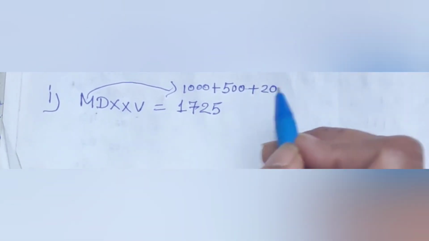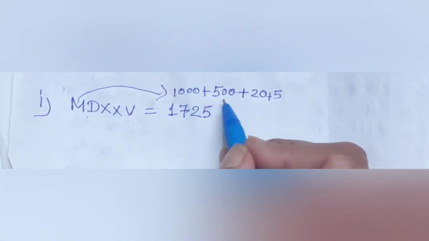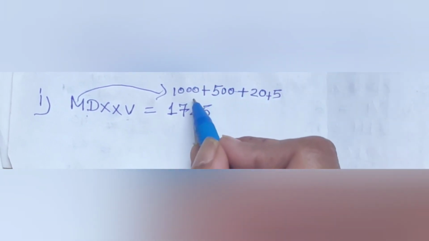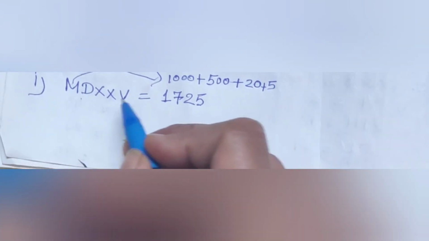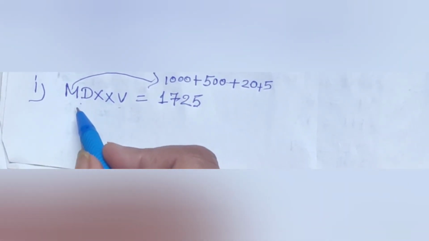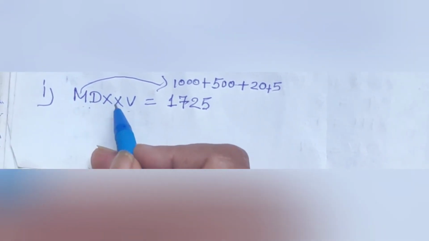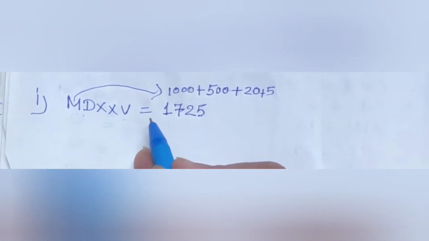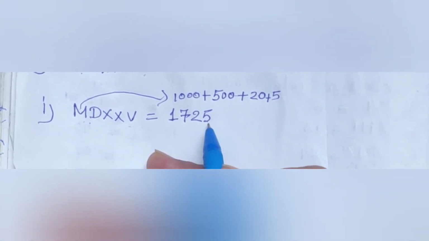And the value of V is 5. If we add all the 4 numbers, then we get 1725, and we can say MDXXV is written as 1725.